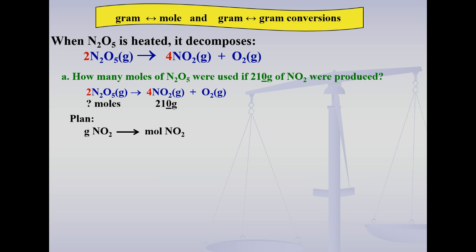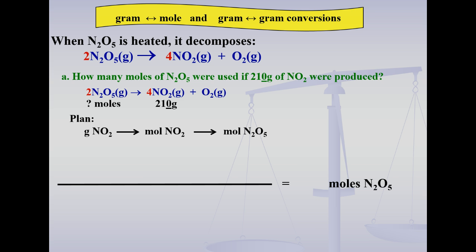Now, we have moles of nitrogen dioxide. We can take that to moles of our unknown, dinitrogen pentaoxide. And then for moles of dinitrogen pentaoxide, we can convert that to grams. Oh, no, we want to stop there at moles of dinitrogen pentaoxide. I was going one step further, but that's where we want to end.